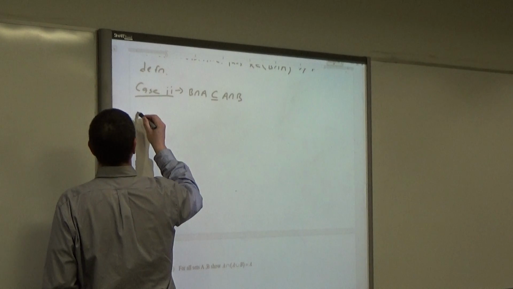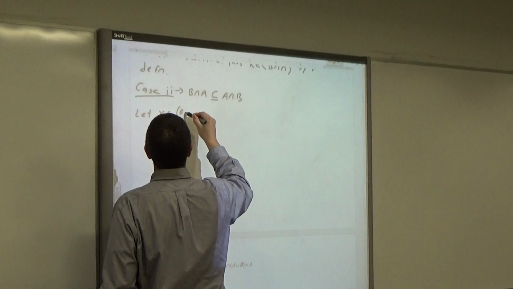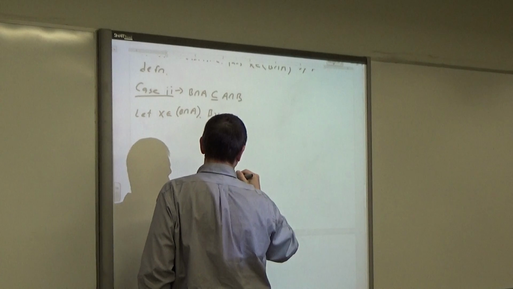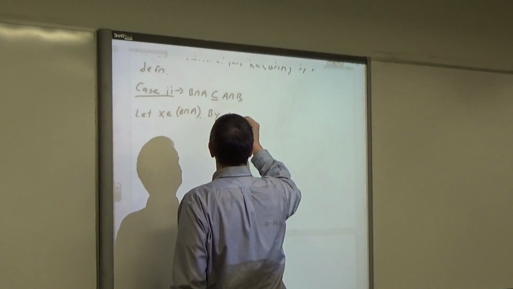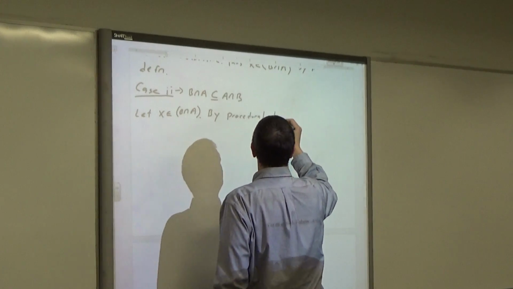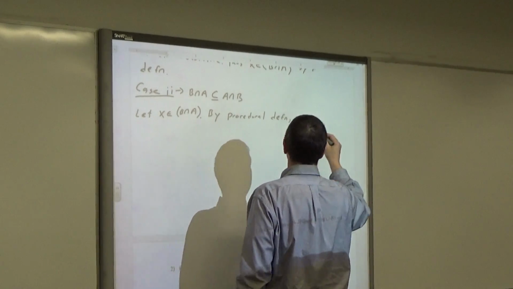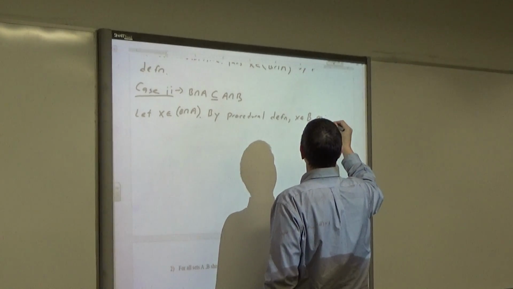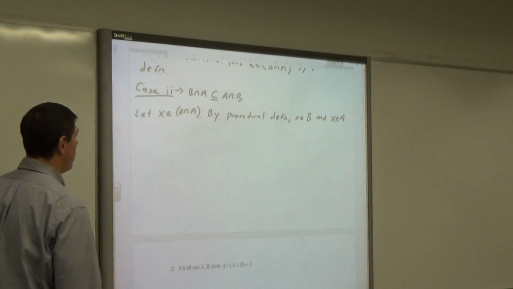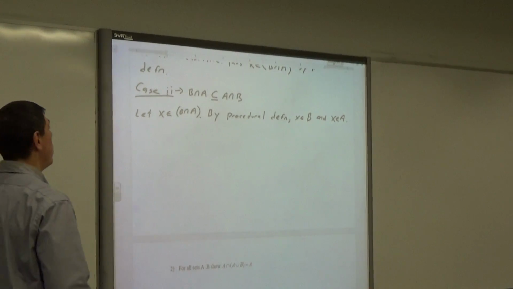So we're going to let x be an element of B intersect A by the procedural definition, or axiomatic, whichever one you want to say. So by procedural definition, x is an element of B, and x is an element of A. We just used the Boolean law of logic, or the commutative law of Boolean algebra. Okay?